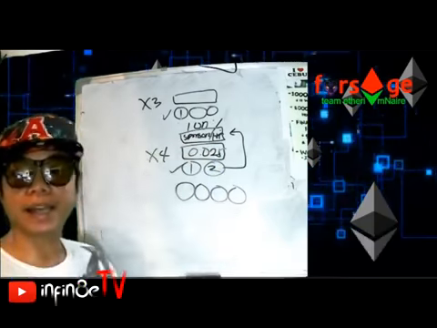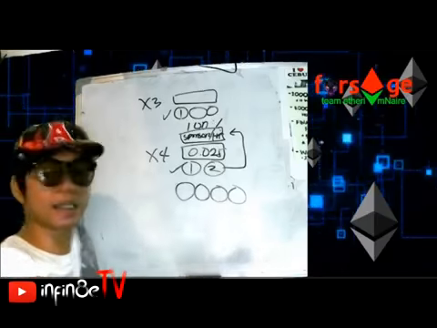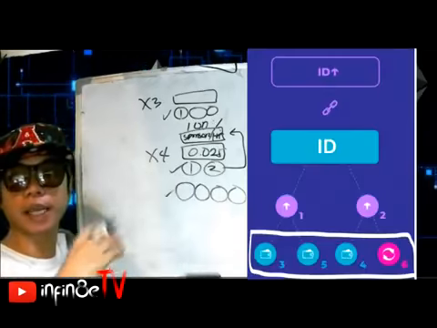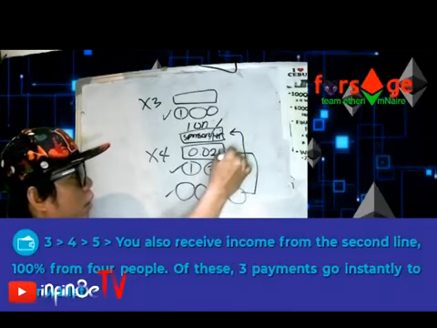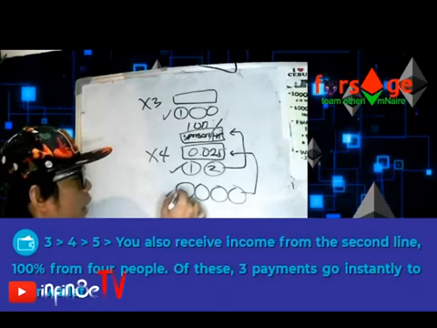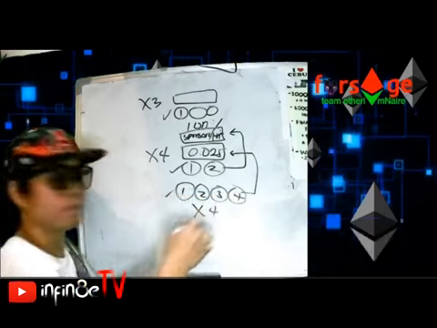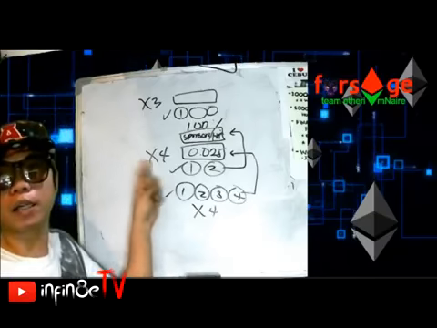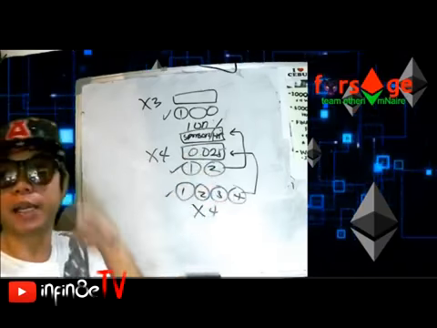On the other hand, kapag lahat ng participants mo ay nag-land sa level 2, second level mo, automatic pasok yan sa wallet mo. So, that is 1, 2, 3, 4. That is times 4. Kaya po siya tinawag na X4 because that is times 4 of what slot you are into.